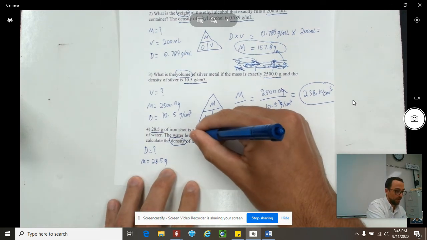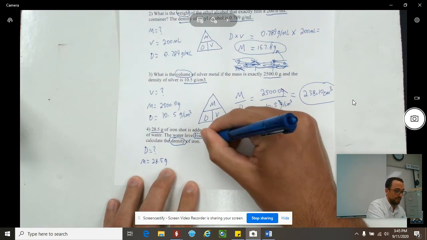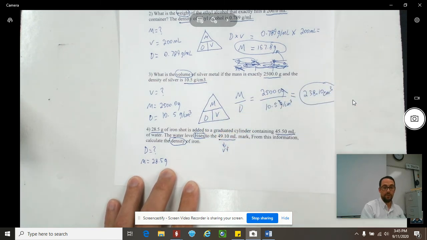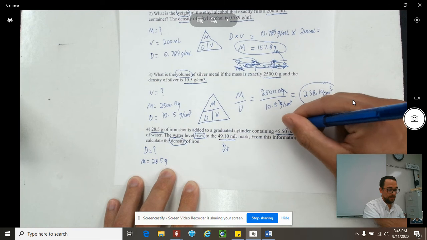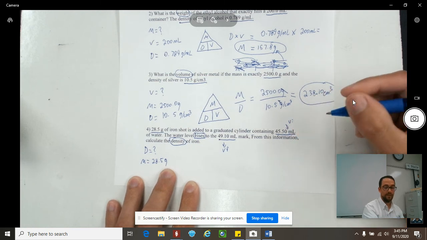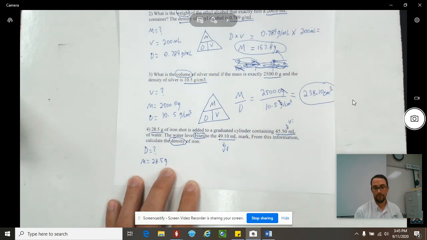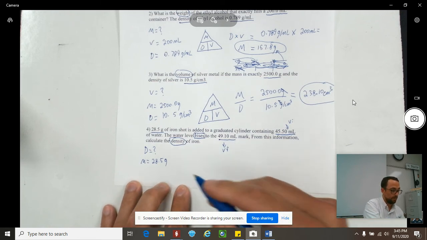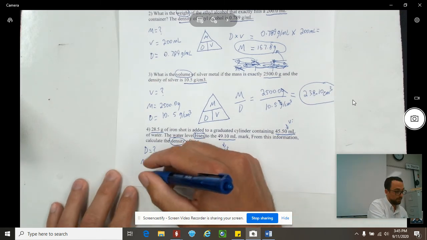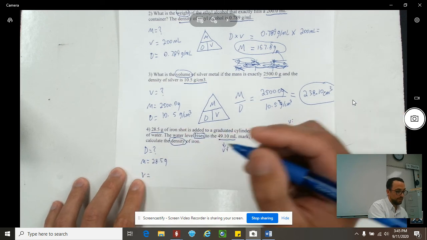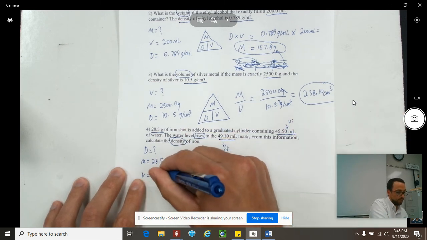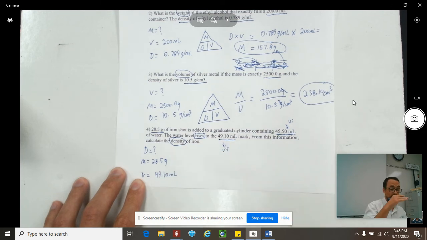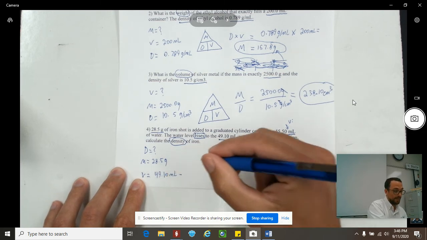If it says rises anywhere, guys, that means this is going to be my V final, my final volume, and this is my initial volume, V initial, right? That's getting into some physics stuff. You don't have to call it that. I'm just getting to the point that this one needs to be the top number to subtract, the one that it ends with. So V is going to be 49.10 mL, because that's where the water line stops after you add the object.